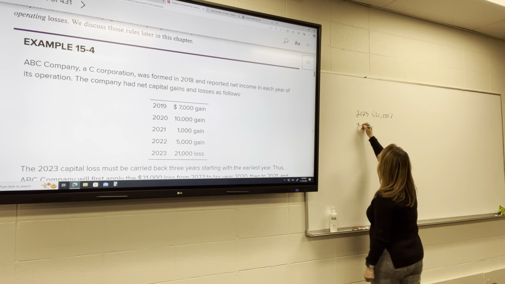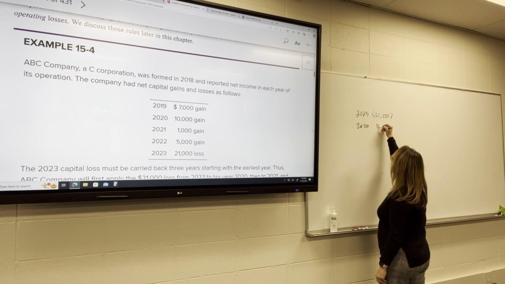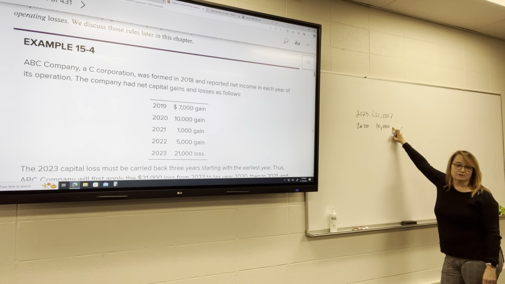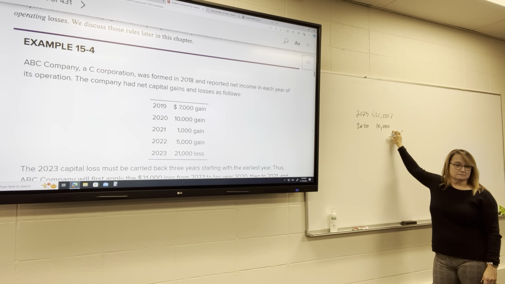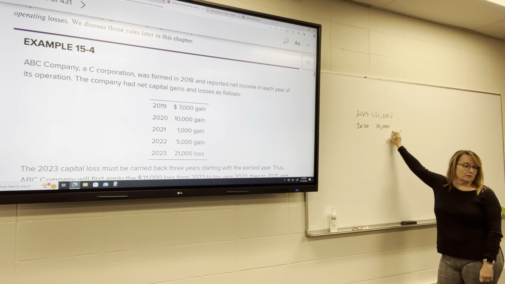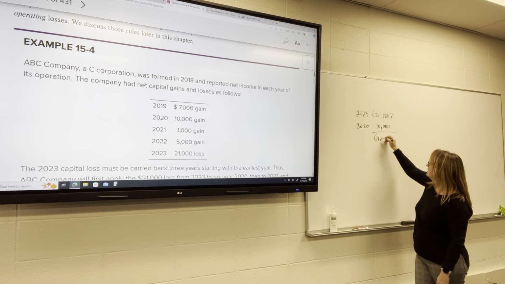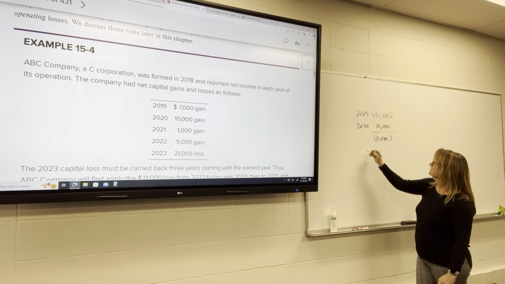In 2020, we had a $10,000 gain. So we're going to amend our tax return, and we're going to take that capital loss when we amend that tax return. So now we're at an $11,000 loss, right?